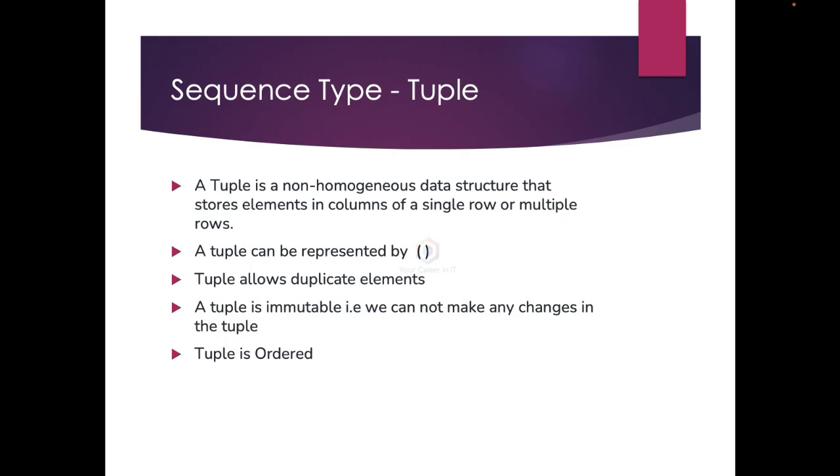A tuple is immutable, that is, we cannot make any changes in the tuple, like replacing values. The list is mutable, and the tuple is immutable. And a tuple is also in order.